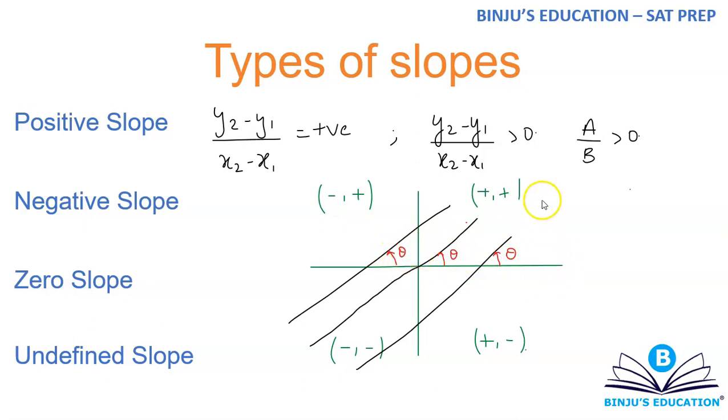If the angle is supposed to be 90, a line is supposed to be something like this. So you can see that all these three lines have an angle which is less than 90 degrees. So you can relate less than 90, positive slope, or if the line is passing through first and third, positive slope.